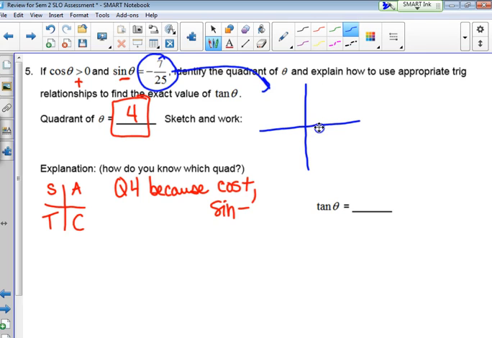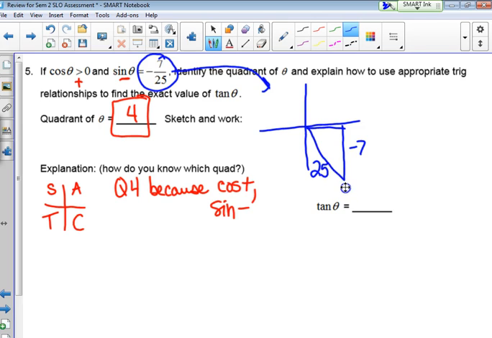Okay, but we don't know the cosine. All right, the sine is opposite over hypotenuse, right? So if I draw this, where am I going to put the 7 and the 25? How did I know the negative on the 7? Because it went down 7, and because the hypotenuse is never negative, right, guys?